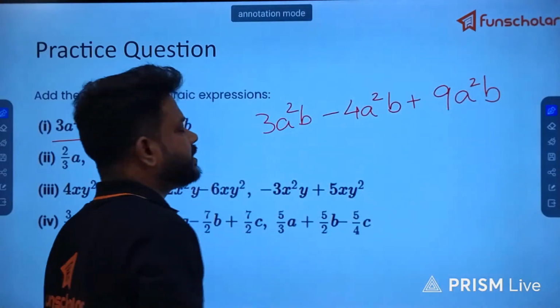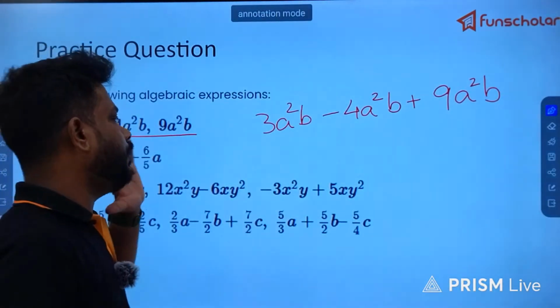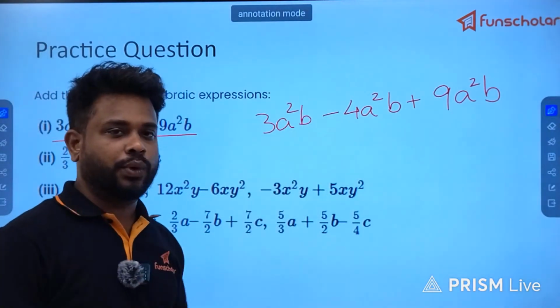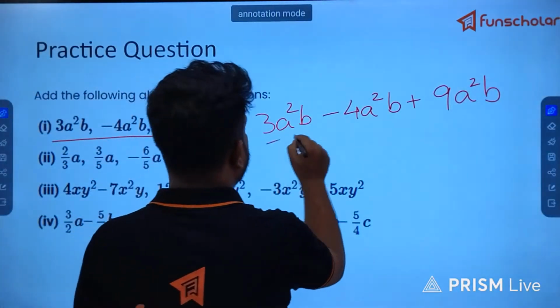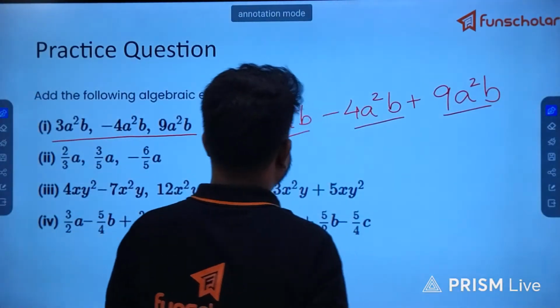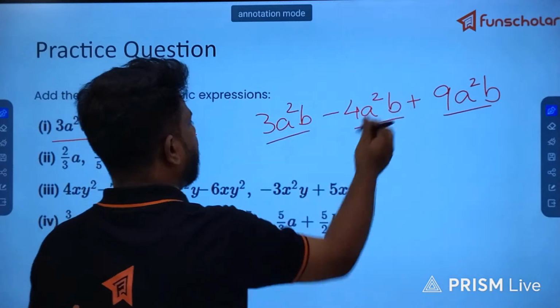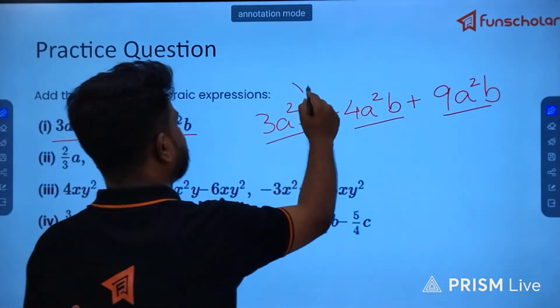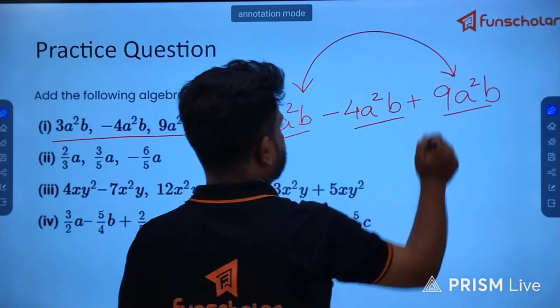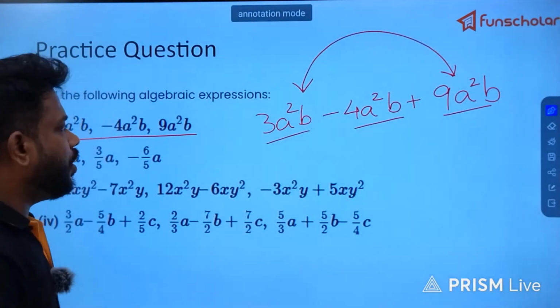Okay, so first thing you have to check is whether all the powers are equal, or whether all the terms are like terms or not. So it has all terms as like terms, a square b and a square b. So first you just add these two because they are like terms and they are all positive.